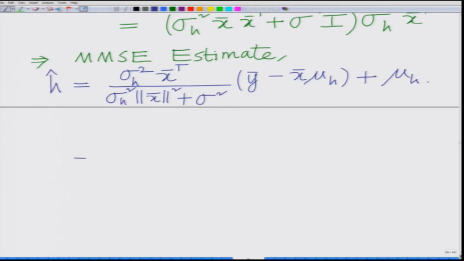Now, you look at this, I can expand this y bar minus x bar mu h by multiplying the terms.